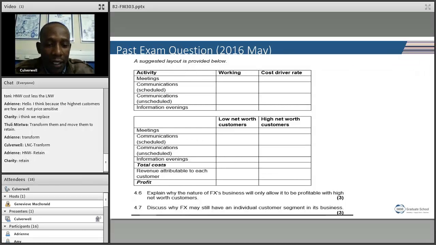Let's say in the exam that you guys are going to write in a month's time, the question is not a customer profitability, but rather a product profitability. The concept is exactly the same. How you're going to allocate indirect cost using ABC will be exactly the same.